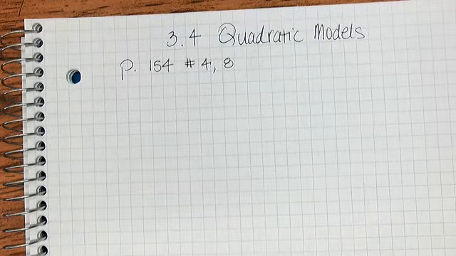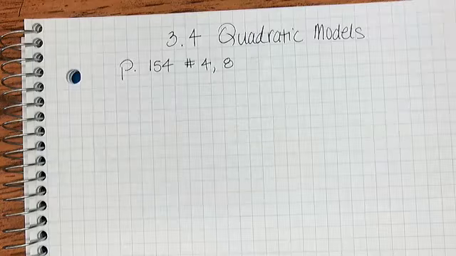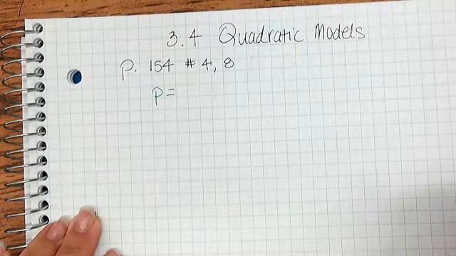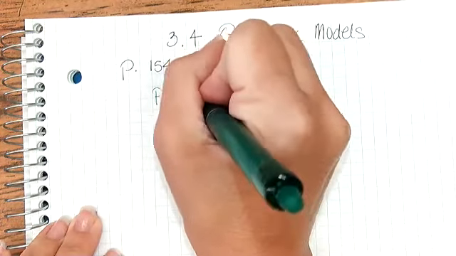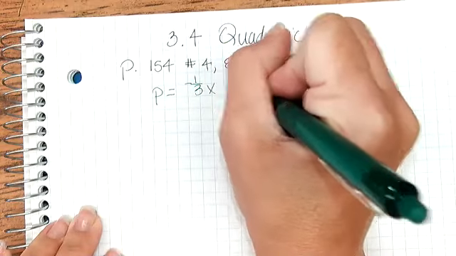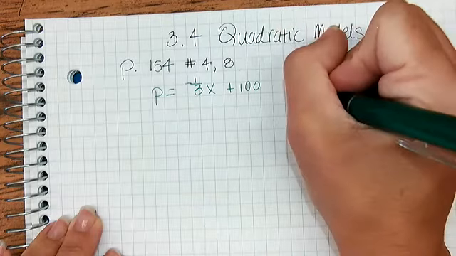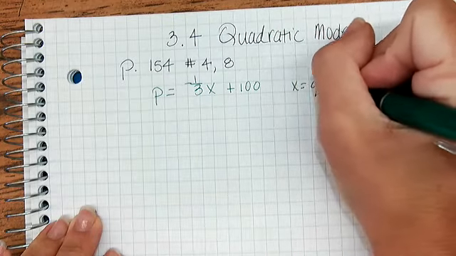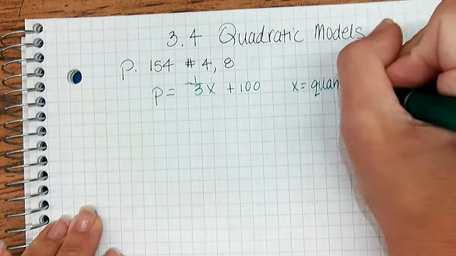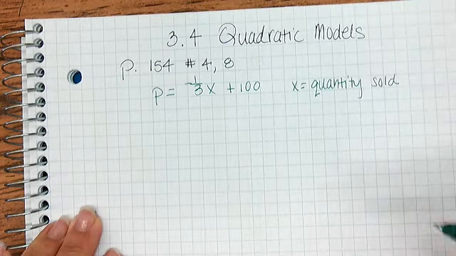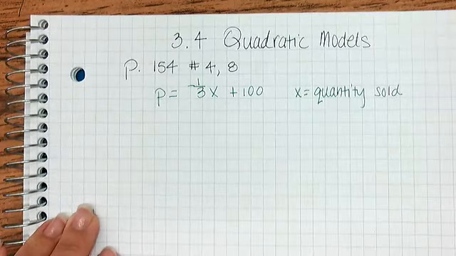They give you that the price in dollars of the quantity X sold of a certain product obeys the demand equation P equals negative 1/3 X plus 100, and X represents the quantity sold.